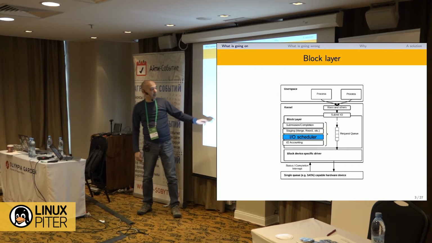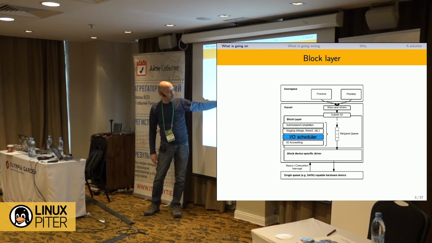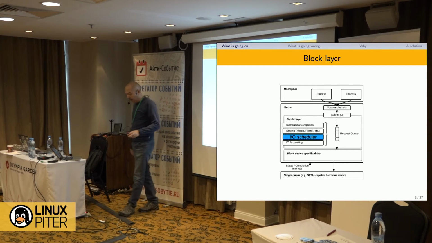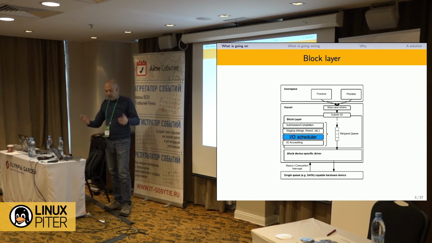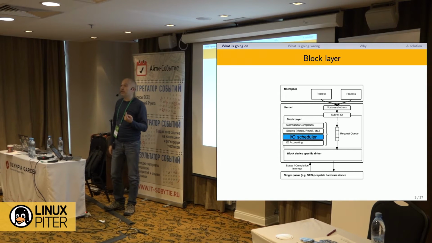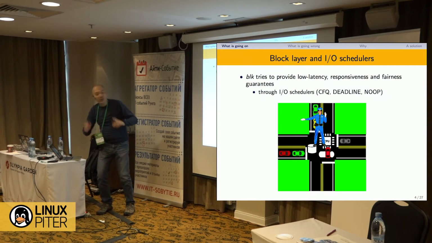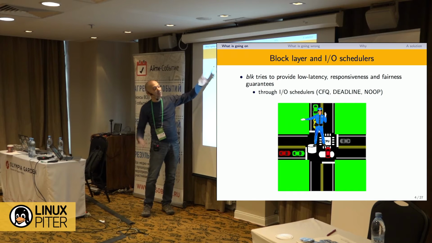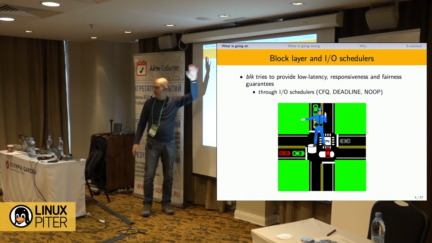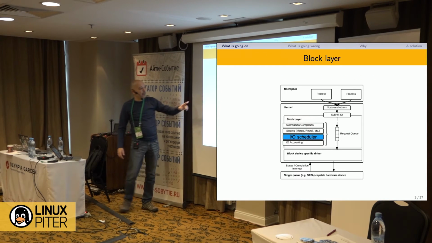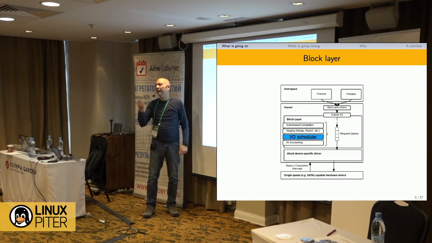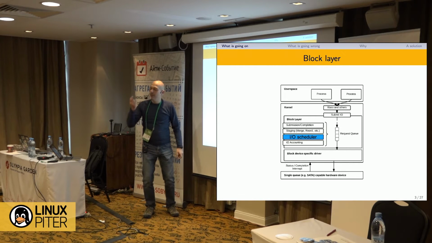This means that whatever you want to do with that queue, with those requests, you have to hold that lock, which implies that in a multi-core CPU, only one core at a time can execute block code, the code of the block layer. I'm sorry, the original block layer is abbreviated as BLK. So in BLK, you can do only one thing at a time with only one core.